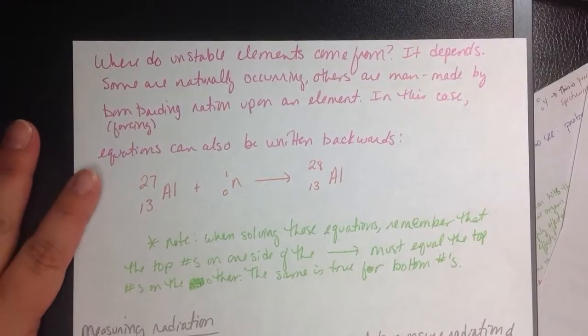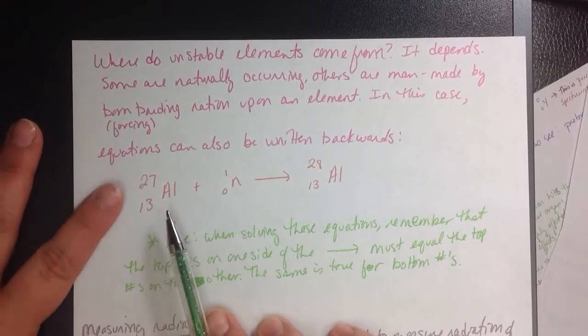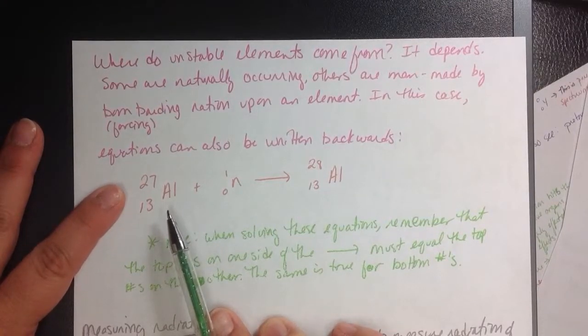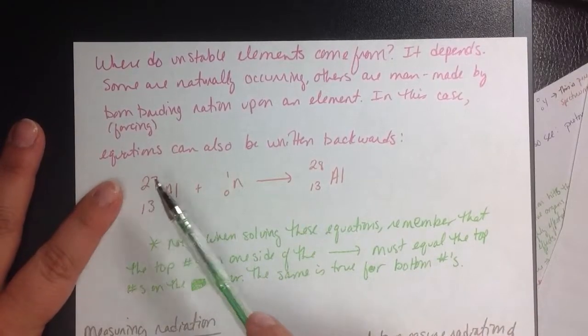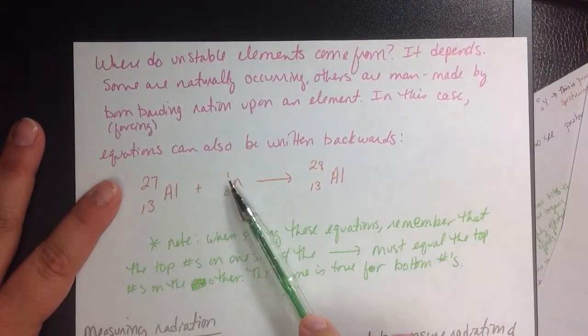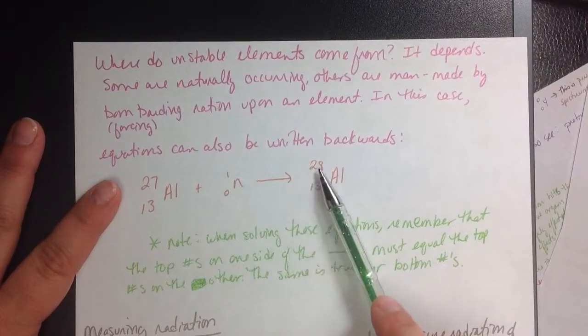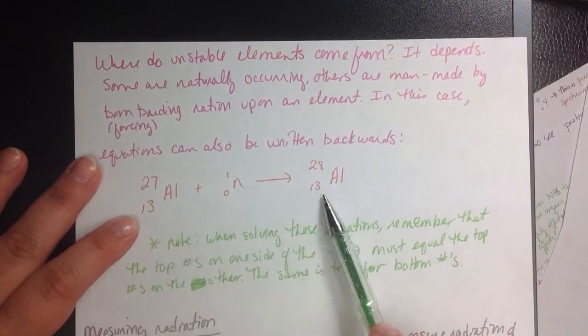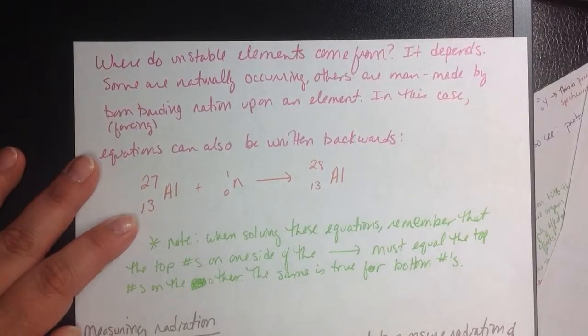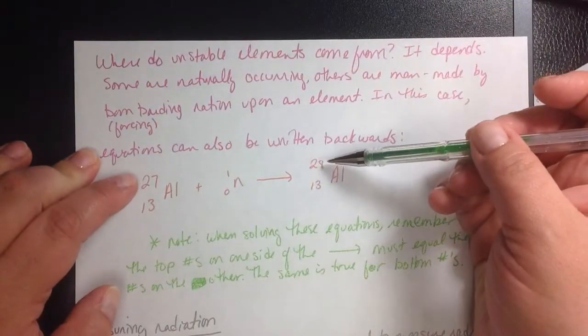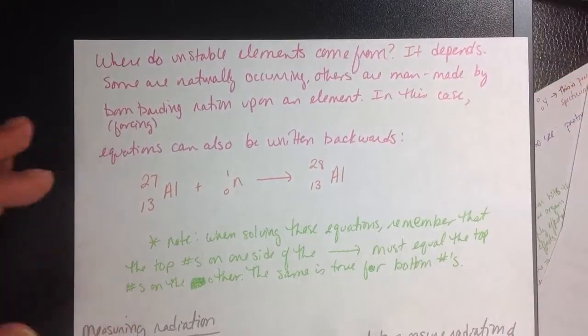What I'm actually doing is shooting neutrons at this aluminum. You can do that. As you would imagine, I can add these up top: 27 plus 1 is 28, and 13 plus 0 is 13. Since this is still 13, you stay at aluminum. So basically, the top numbers have to equal the top numbers, and the bottom numbers have to equal the bottom numbers, okay?